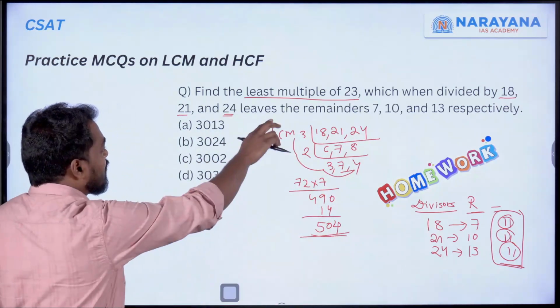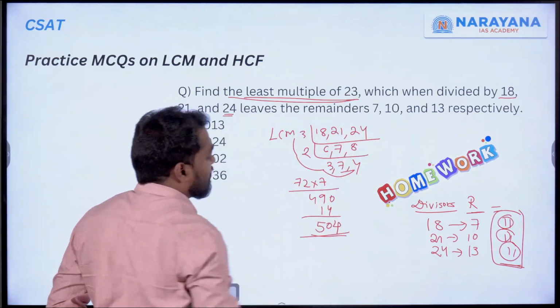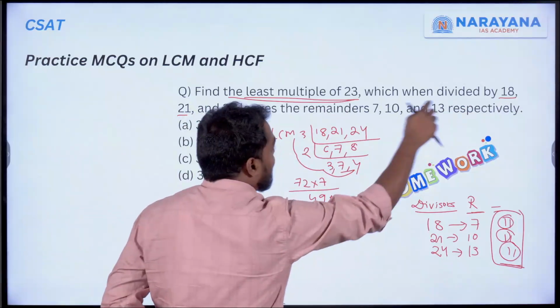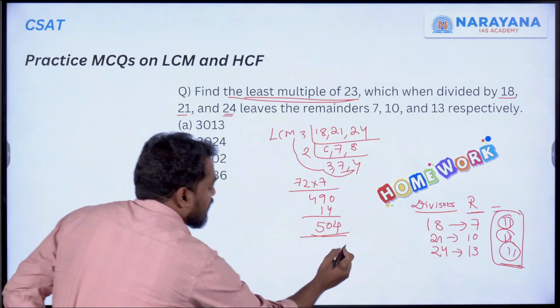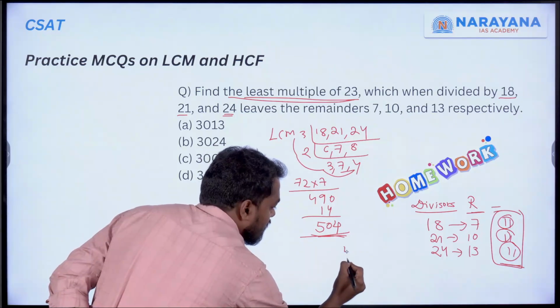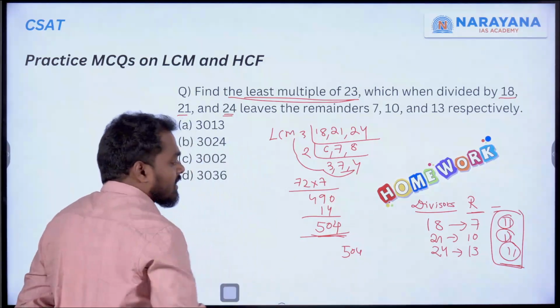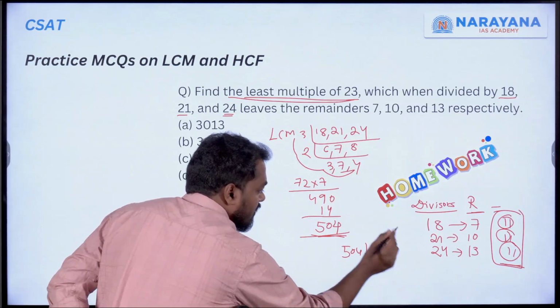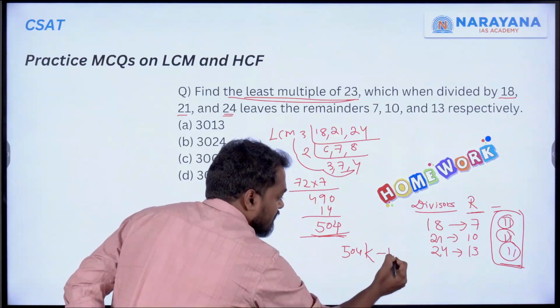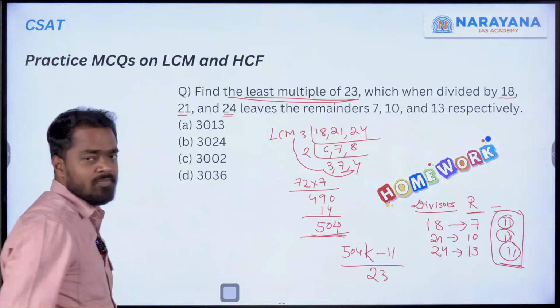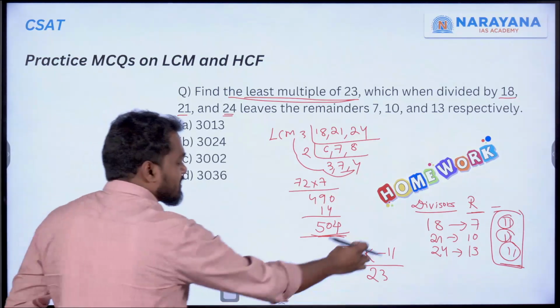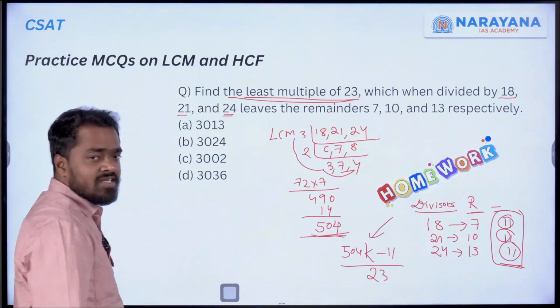Now what you have to do, they are asking the least multiple of 23, which when divided by these numbers leaves these remainders. So you have to take any multiple of 504 and minus this difference. It should be divisible by 23. Now you have to substitute values for this k.